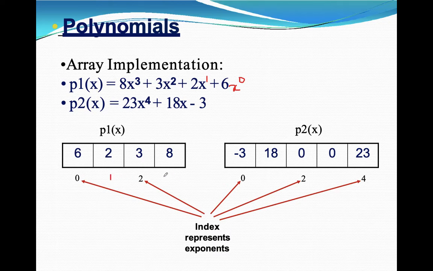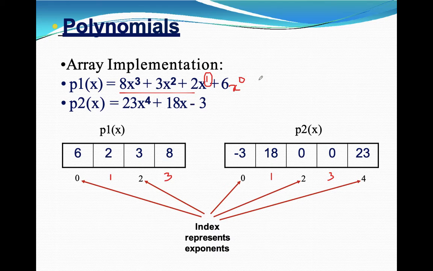So if you represent this one in array, 6 will be here at the index 0, then this is the index. So 1, 2, so since it is 2, this is 2 and 3, and so on.